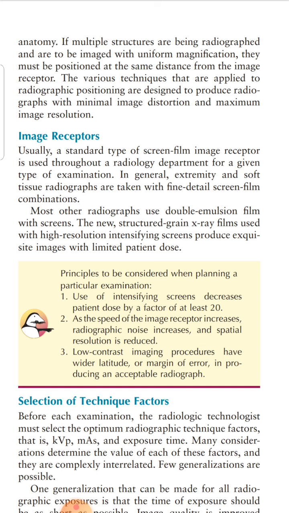So when you use the high speed image receptor, although it will produce images with good quality, the disadvantage is the increased radiographic noise, and ultimately it will decrease the spatial resolution.